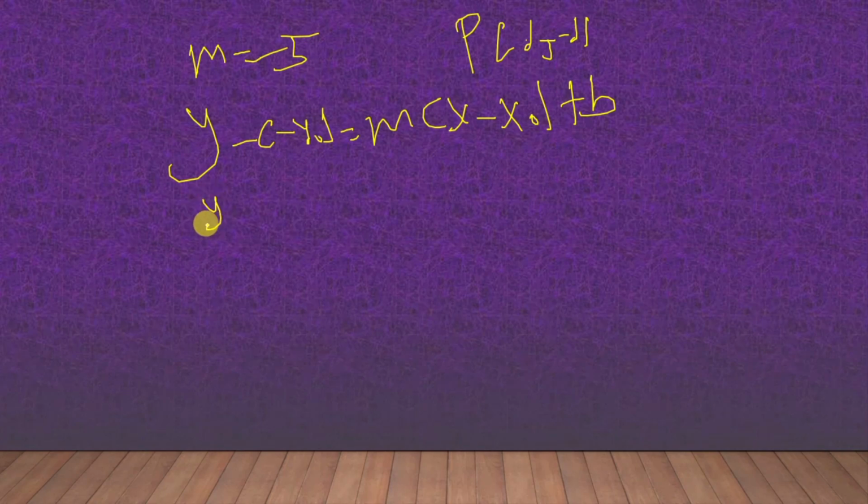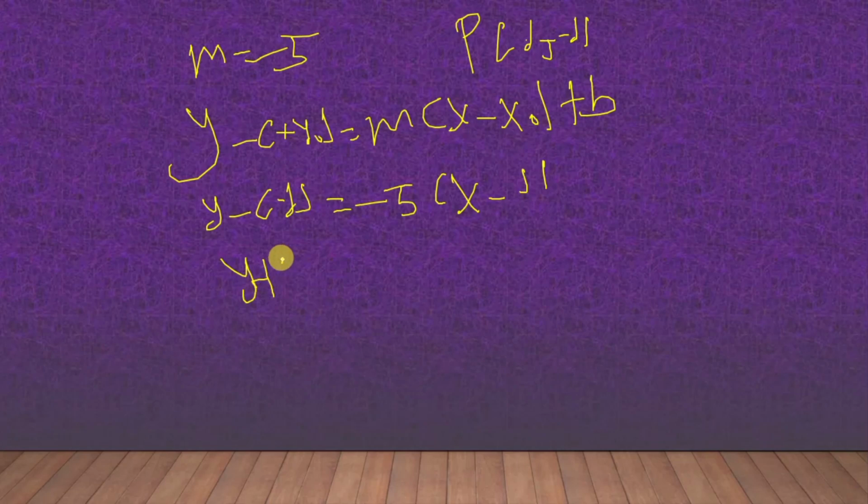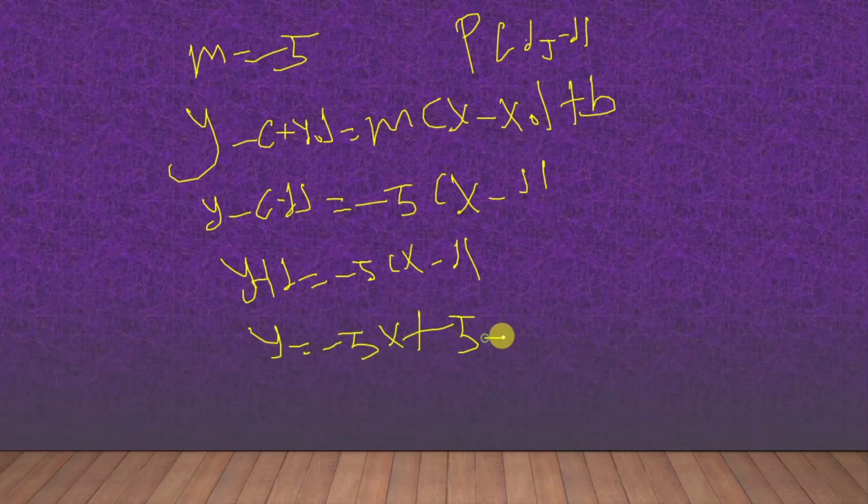Now y minus y naught means y minus of minus 1, which is equal to the value of m, which is minus 5, times x minus the value of x naught, which is 1. Now y plus 1 is equal to minus 5 times x minus 1, so y equals minus 5x plus 5 minus 1.